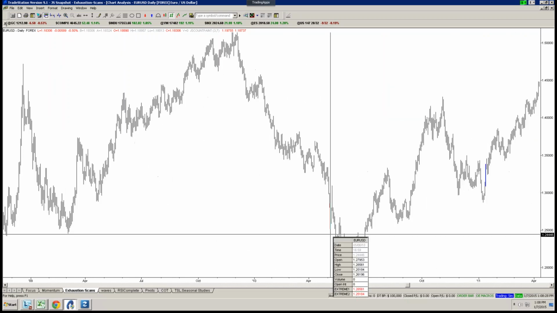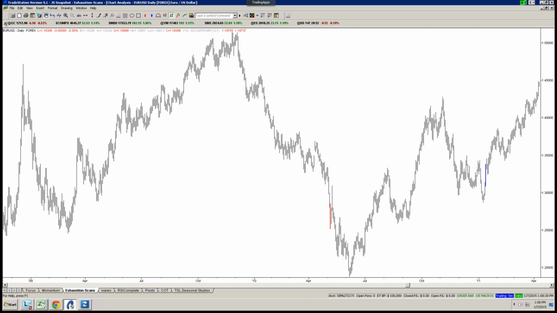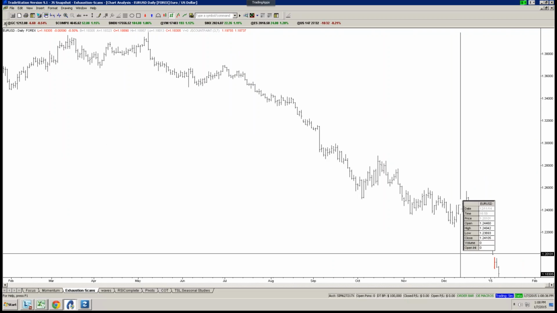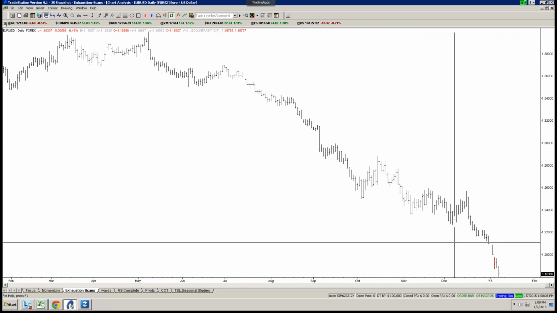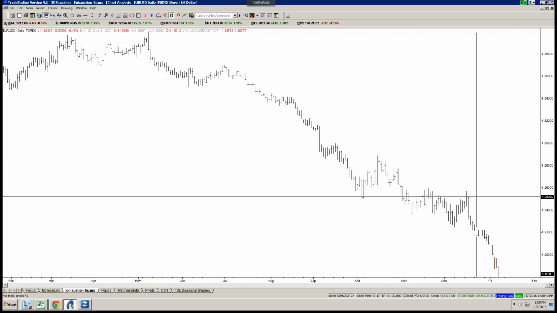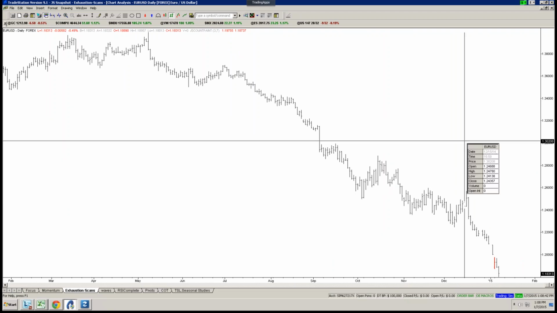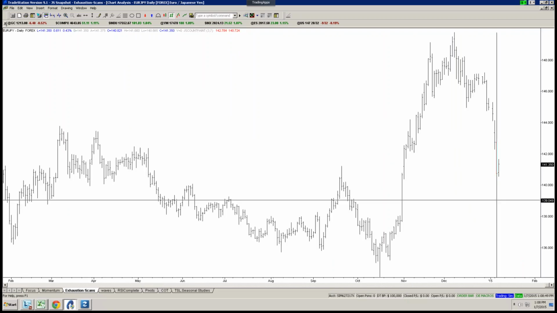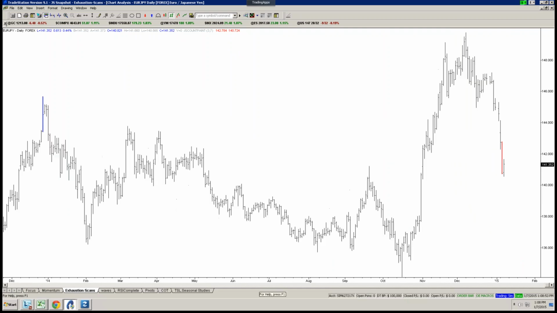And then the only other one that we got was in June of 2005, and much like the flash crash and the current one, they were in a pretty sharp downtrend, and they led to some exhaustion. I think that's the only one that we had as far as the negative ones are concerned.